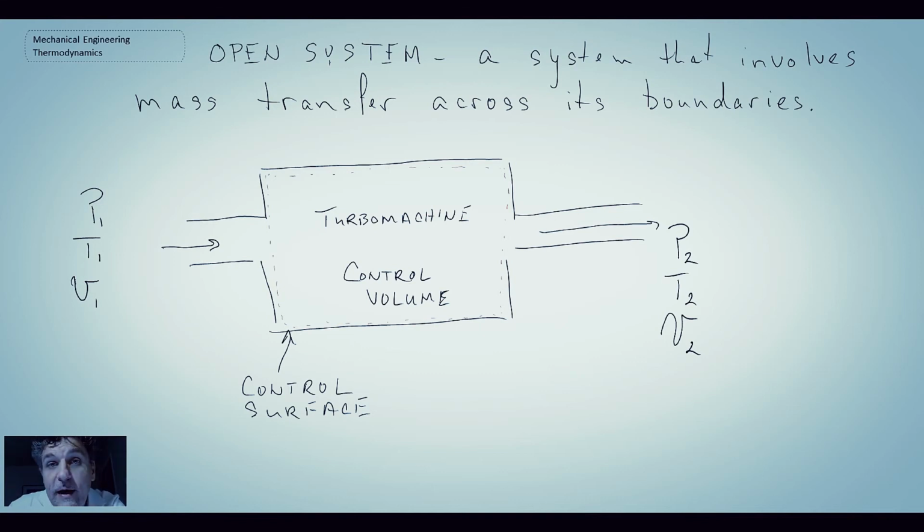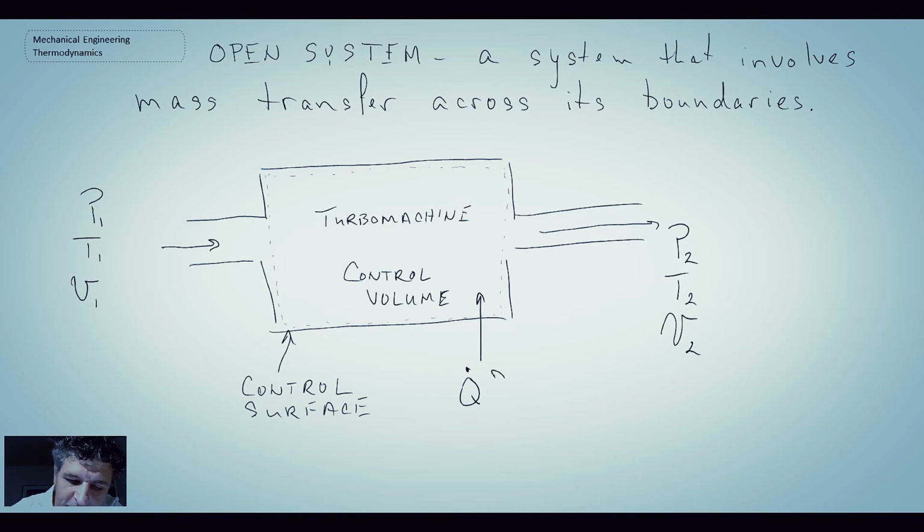The other thing that we can have here, just like with the fixed mass system, we had heat and work flowing across the boundary. Well, here we can have heat and work flowing across the control surface. And we will denote it as a Q, but we're going to put an over dot, a dot above the Q, and that denotes a rate.